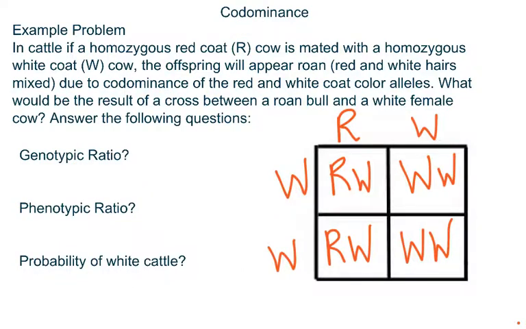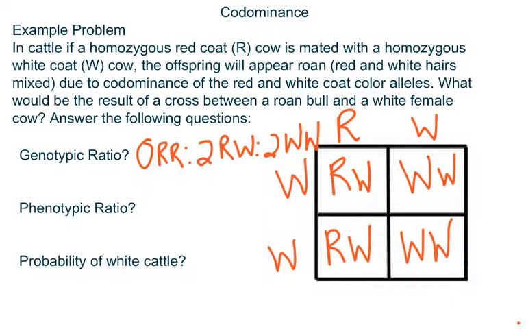So here will be the questions they would like you to answer. Genotypic ratio, phenotypic ratio, and then probability. So remember, the genotype is the actual letter combinations and how many of each. So in this case, we have 0 RRs to 2 RWs to 2 WWs.